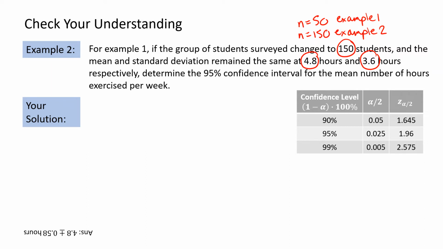Okay? So remember, we had our mean, x bar, plus or minus our error, and our error is equal to our z-score for whatever confidence level we're looking at, multiplied by our standard deviation over the square root of our number of samples. Okay? So our mean did not change, 4.8 hours.